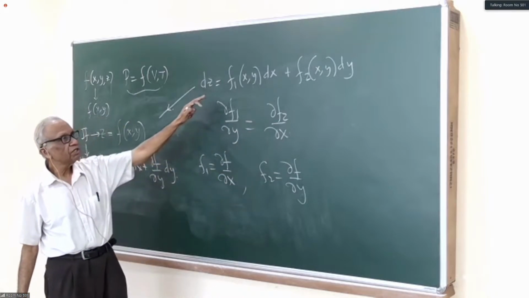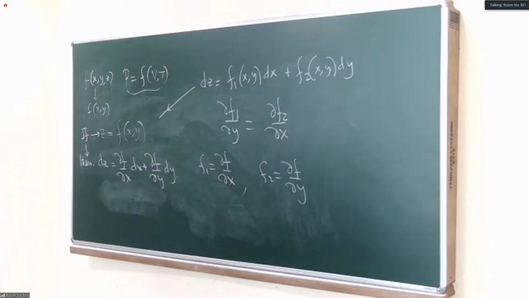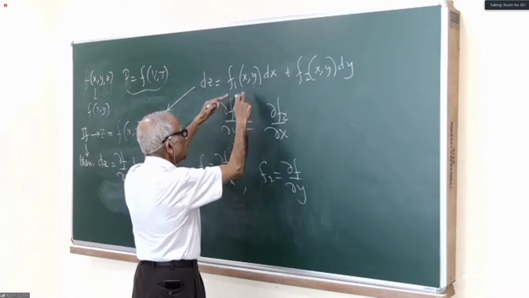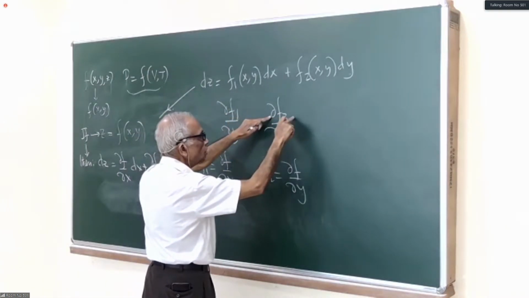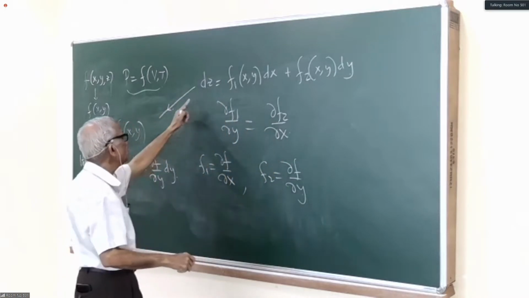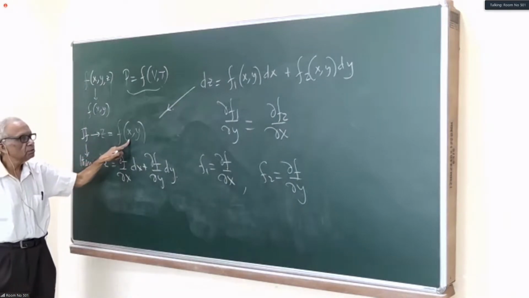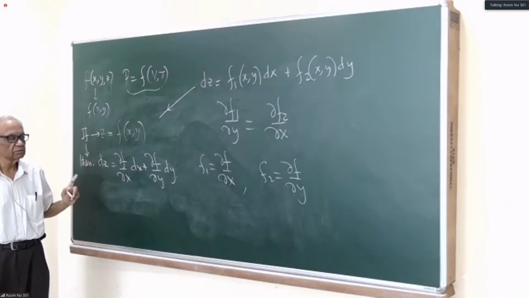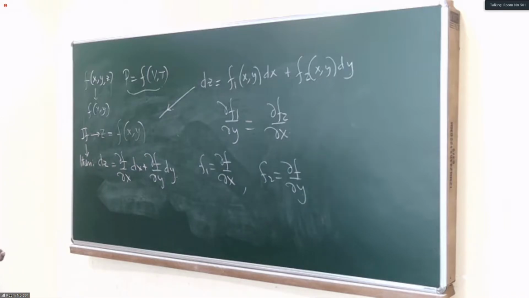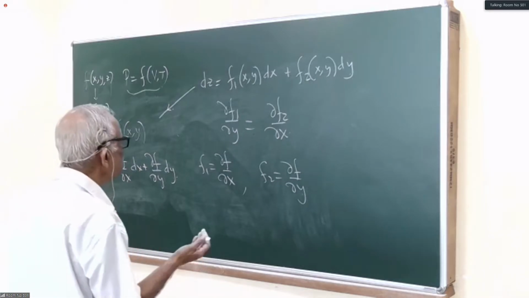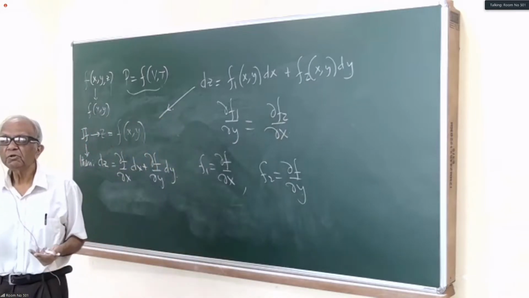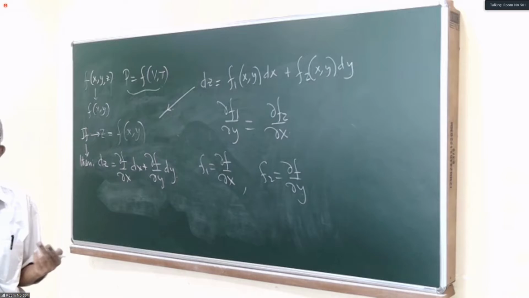So if the dz that I have given you has this property, then it is possible for you to give me a z equal to f of x,y. But suppose it's not. Suppose I give you a nasty dz where this is not satisfied. Then you can't give me z equal to f of x,y.